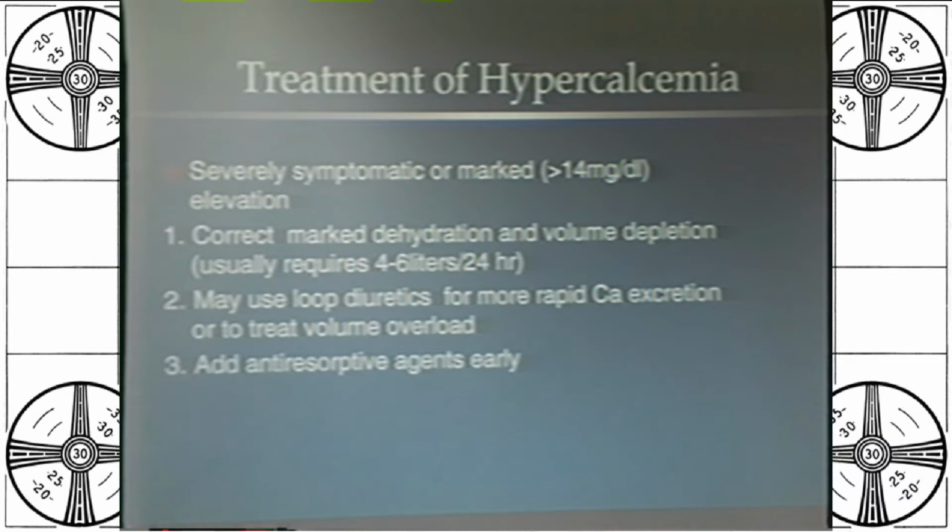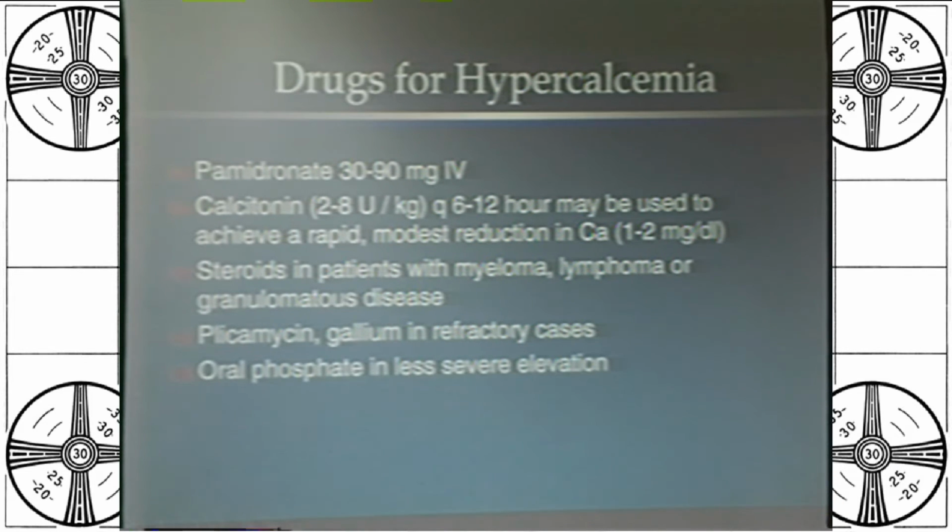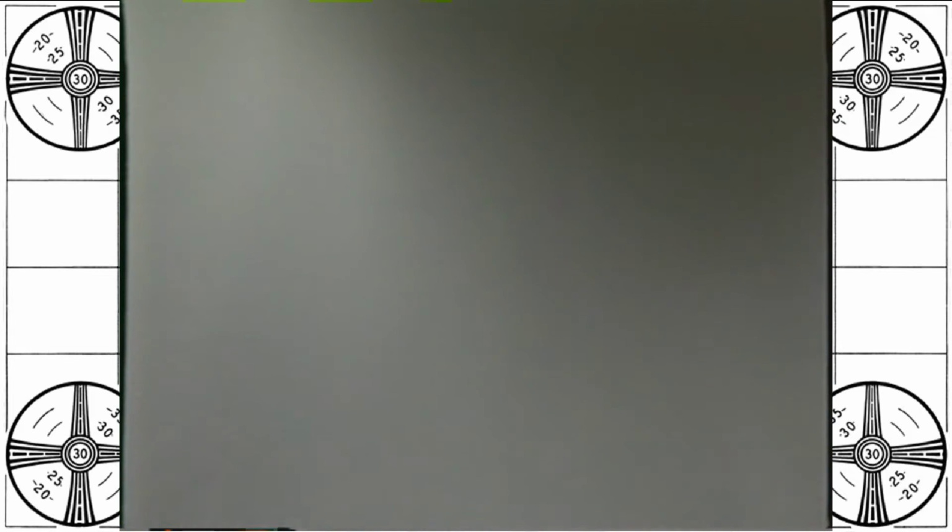They're all significantly volume depleted and dehydrated and need fluid replacement as a priority during the first 24 hours. If volume overload is a potential problem because of underlying disease, or you want even more rapid excretion, Lasix or loop diuretics can be used. And then anti-resorptive agents need to be added early. And I think I won't go over the dosing on those.